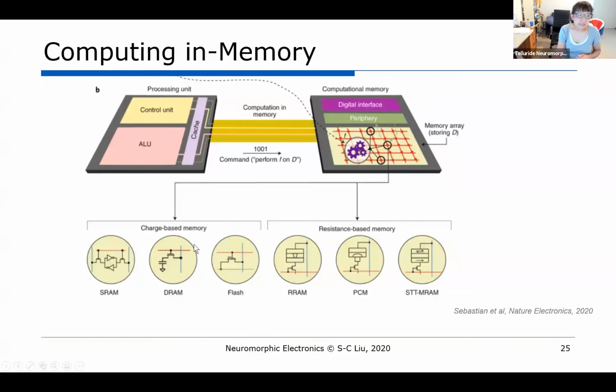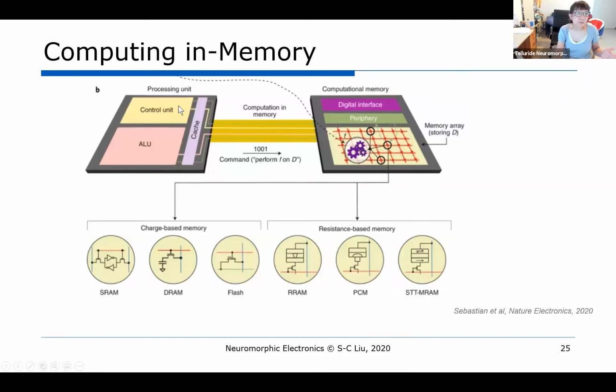And in recent years, there have been a number of interesting non-volatile memory devices that have come up. These are like resistive RAMs, phase change memory, MRAM. And you can embed these along with charge-based memory like SRAM, DRAM, and flash within the pixel, and do computing within the memory. So basically here's the logic.